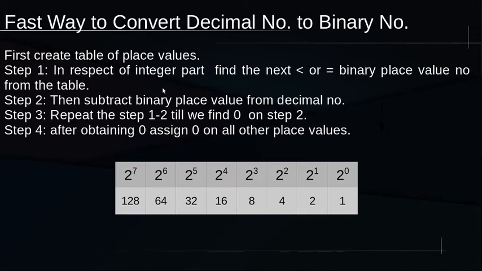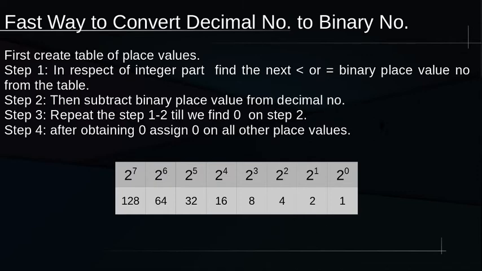Then, in respect of the integer part, find the next less than or equal to binary place value from the table. Then subtract the binary place value from the decimal number. Then repeat steps 1 and 2 until we find 0 in step 2. After obtaining 0, assign 0 to all other places.